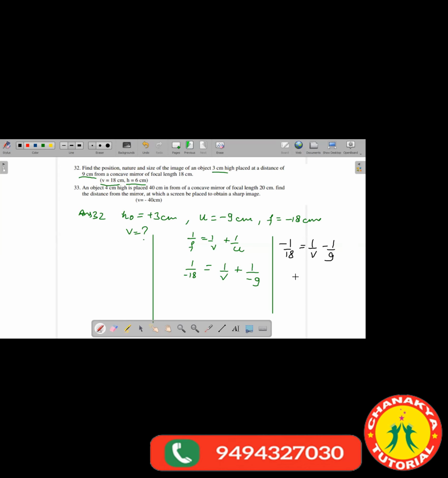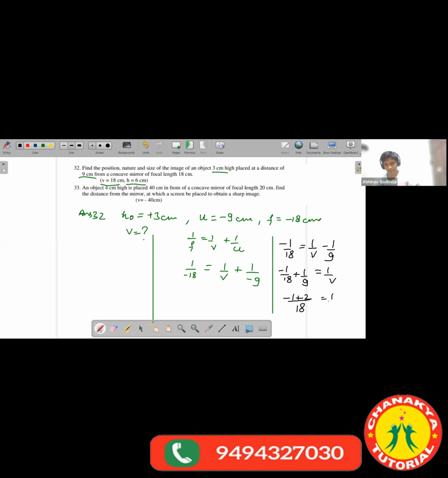So what is the nature of the image? See, the image distance is positive. It's enlarged, virtual. Okay. So you get here V as 18 centimeter.